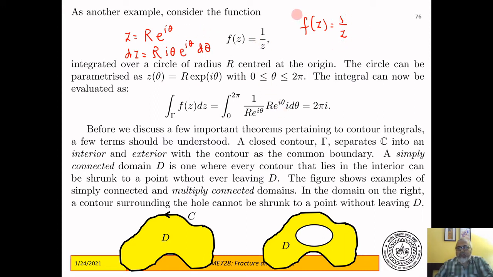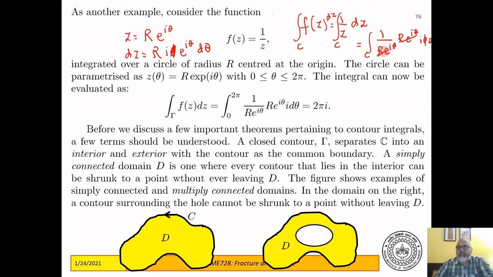I want to integrate f(z) dz over a circle C. So I will evaluate 1 by z dz over the circle C, which I can now write as 1 by r e to the power i theta times dz, which is r e to the power i theta i d theta.